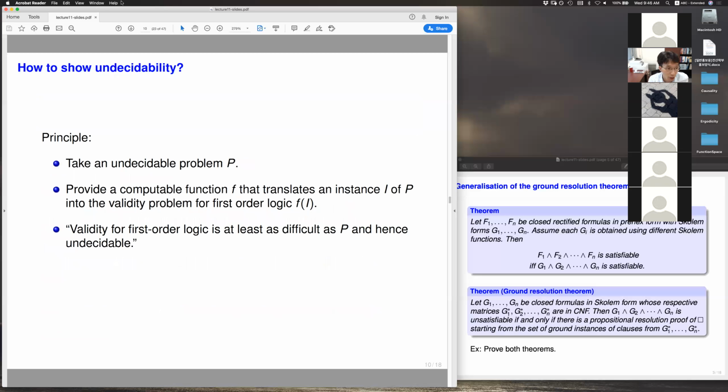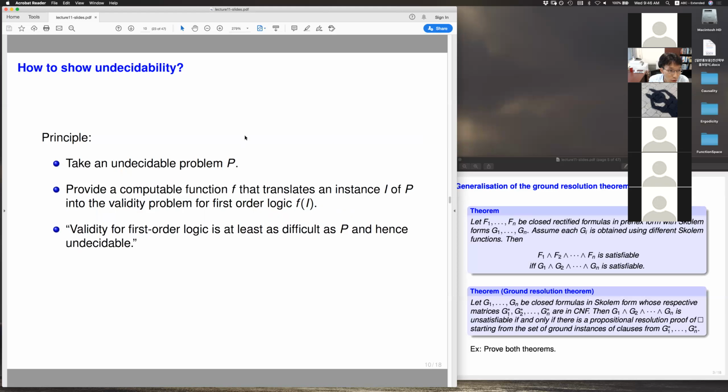I don't know how many of you have heard about these reductions in computability theory and complexity theory. But this is a very common technique that you can use to show some problem is either undecidable or NP-complete. And in this context, we are more interested in undecidability. So the technique of reduction goes like this.